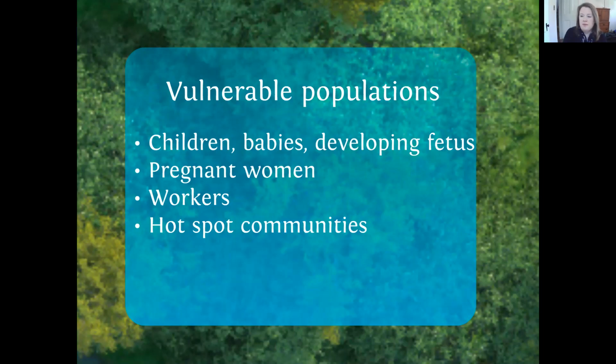The other thing I mentioned is hotspot communities. Many communities, particularly communities of color and communities with lower socioeconomic resources, face a disproportionate burden from polluting industries. We know this in Michigan. There are some zip codes that are particularly vulnerable and impacted by polluting industries, by proximity to heavily trafficked highways and roadways, so there's additional air pollution.